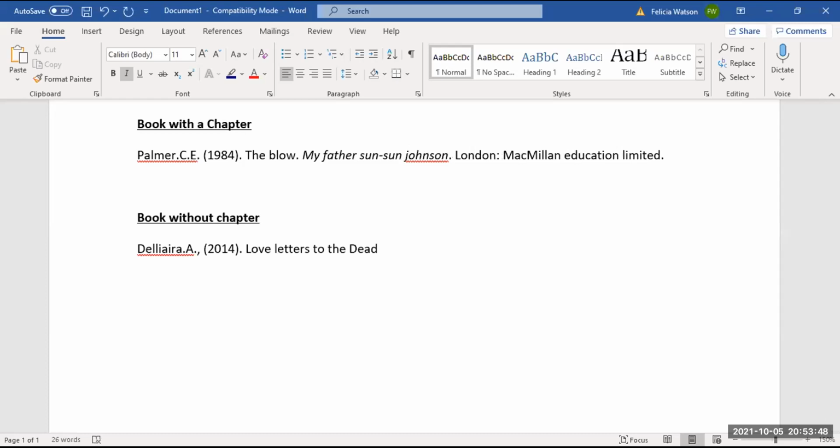Yes, so Johnson, capital J. And then Macmillan Education Limited, uppercase for Education Limited. The lowercase is just for the title of the chapter and the book title. All right, so this one, even though your book is dated 1984, the year after I was born.